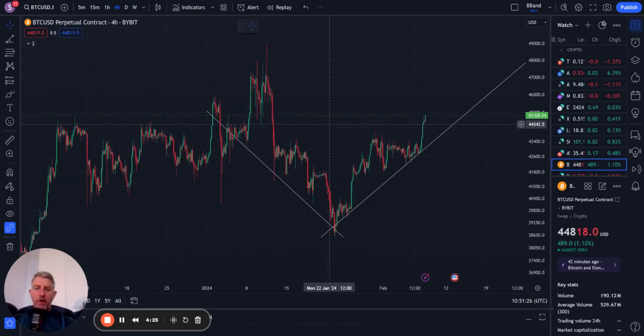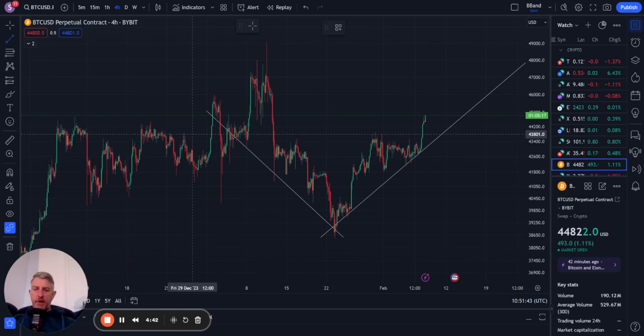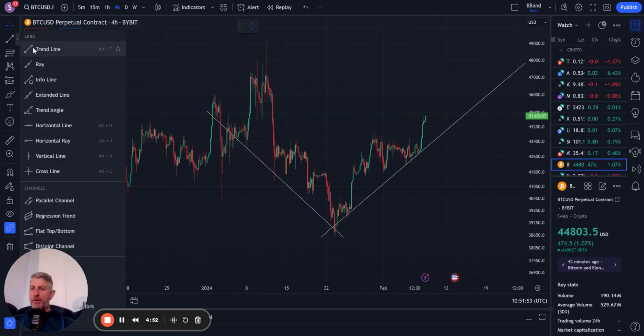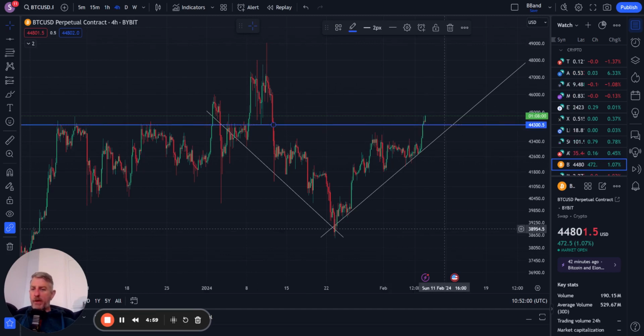Yesterday my range break line was here, but now that Bitcoin has moved up, I'm going to have a support resistance line just about here. No, I don't want a trend line. I want a support resistance line, which I like to do in blue. And I think you can see why I'm putting it there.